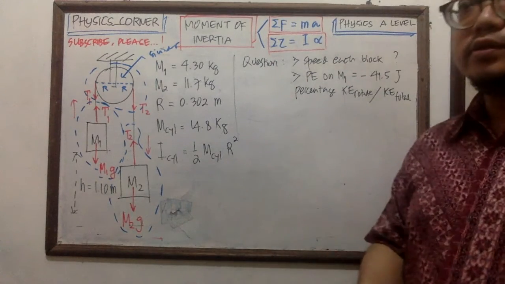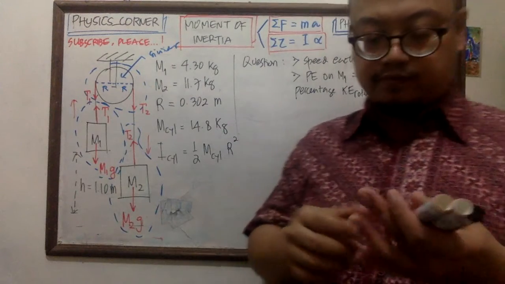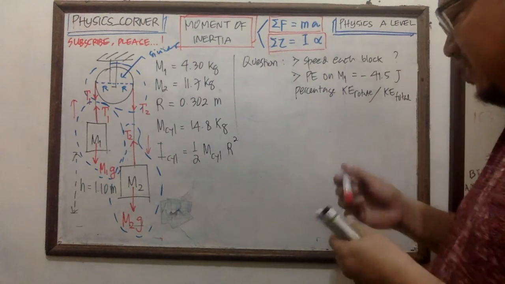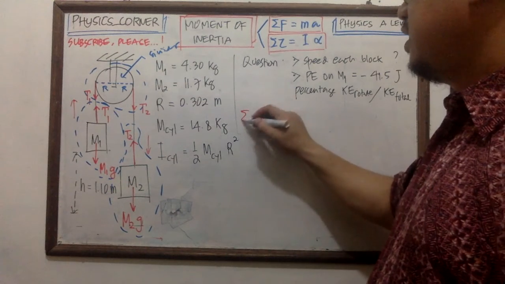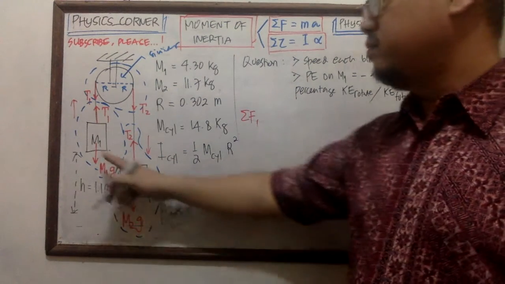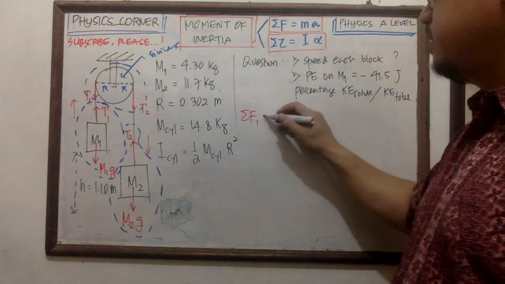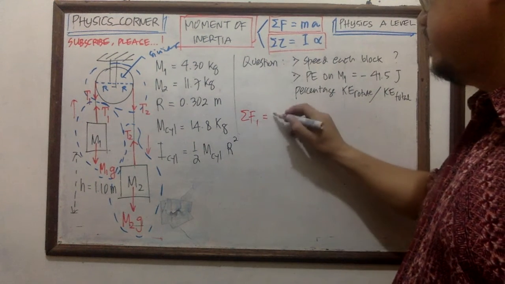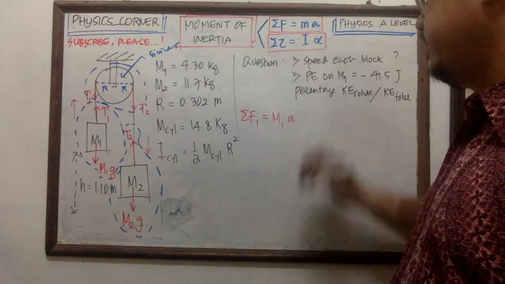Now we break down the equations from these formulas. Let's see on mass 1. The total force on mass 1 equals m1 a.